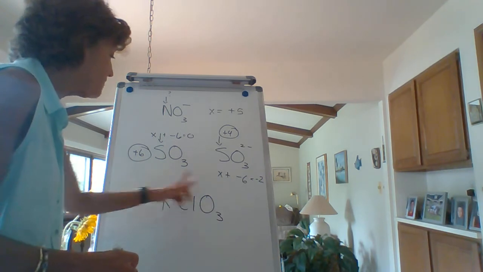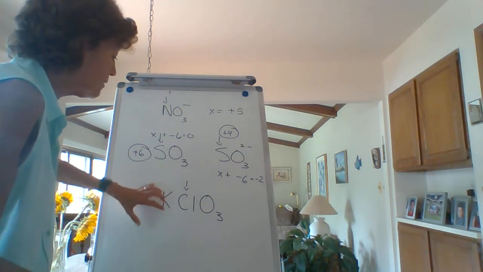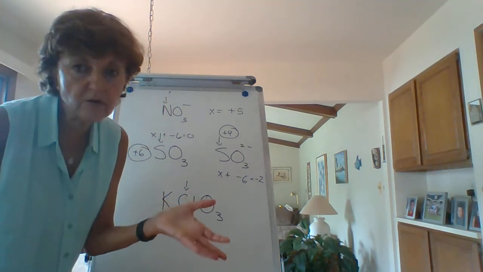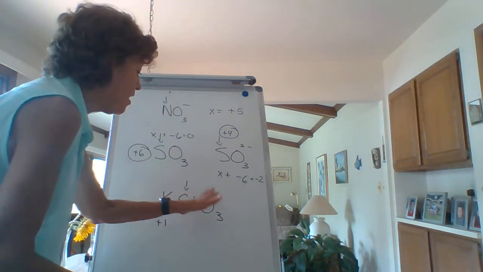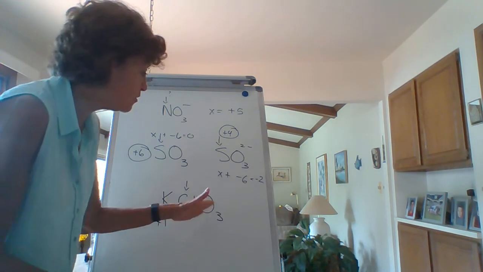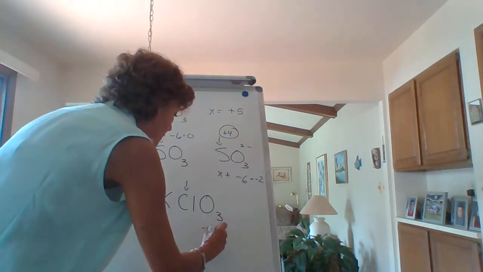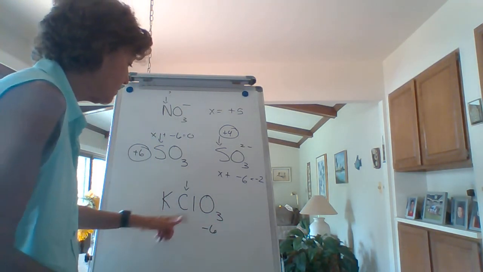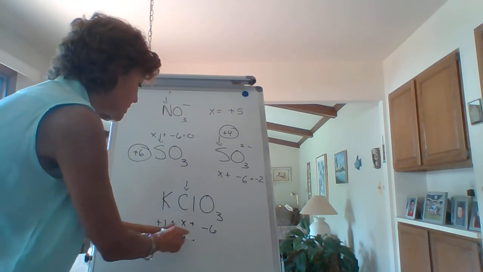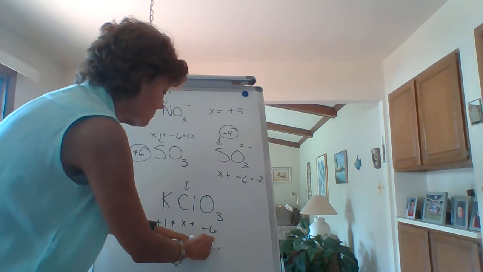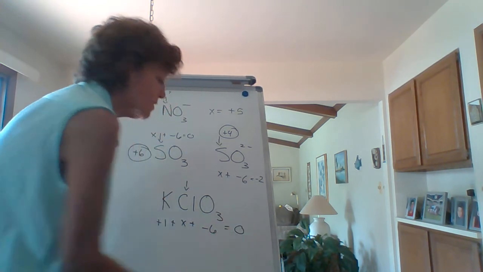Okay? And then finally, potassium chlorate. Now, potassium is a group 1A metal. It's never going to change. It's always +1. So I already know that this is +1. Oxygen, the rule says it's -2 times 3, -6. Okay, so this is my one unknown now. So +1 plus x plus -6 has to equal 0.